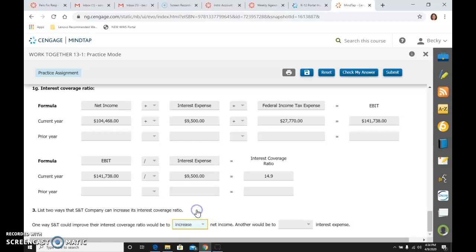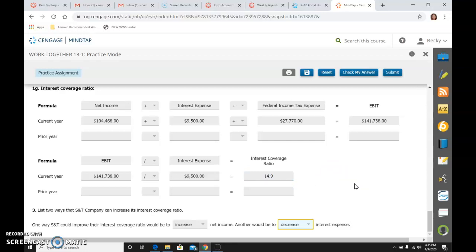If they increase their net income, that's going to drive up EBIT. That's going to make the numerator be higher, and that's going to make my coverage ratio increase. So that's one way I could do it. Another would be to decrease interest expense. So assuming EBIT stays the same, if this denominator went down, my coverage would also increase. So that is a good thing. So that takes care of analyzing everything.